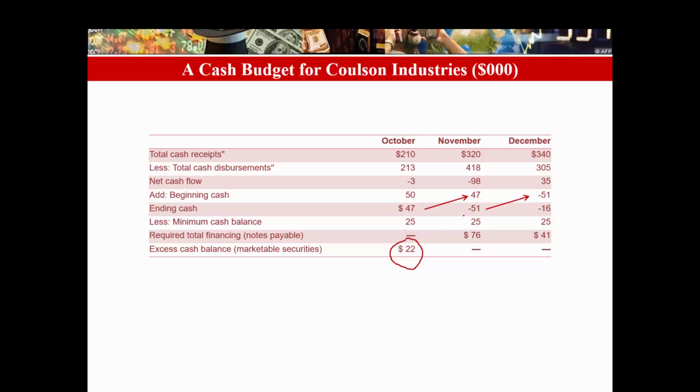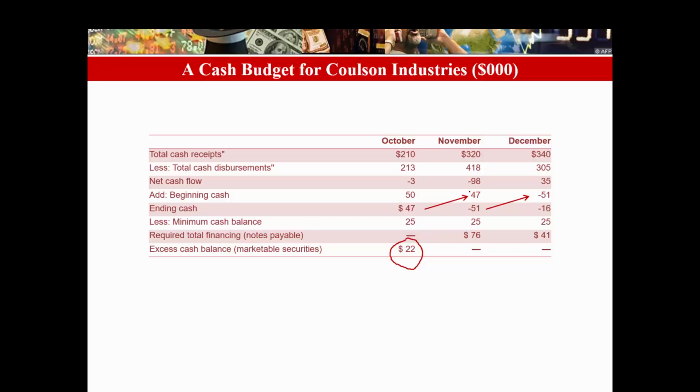This makes the assumption that the $22,000 that was placed in October has been liquidated and converted into cash, and it is available now. So we do have $47,000, including this $22,000 that was placed for a month.